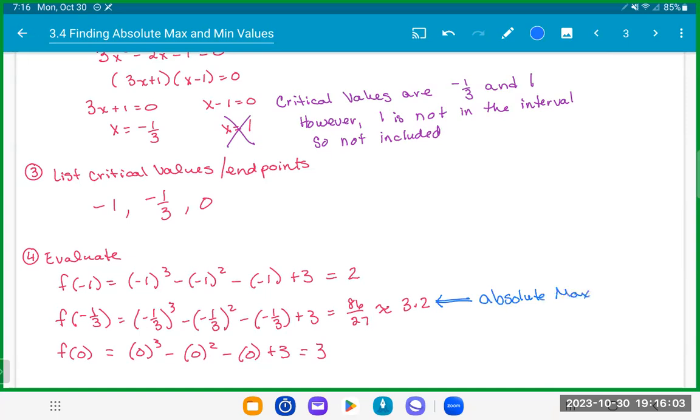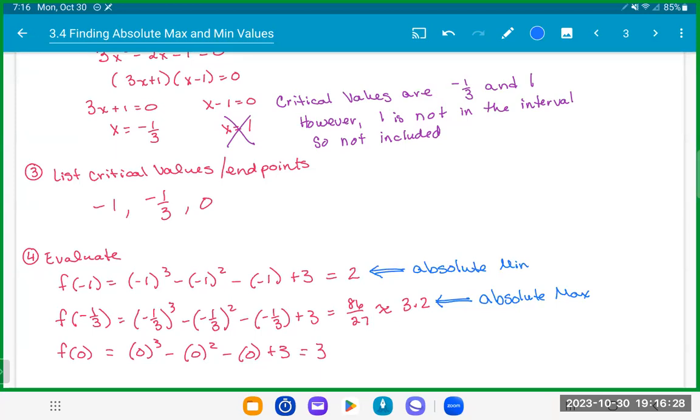Then I can also see that at x equal to 1, that is the smallest, right? So this one is the absolute minimum. Okay.